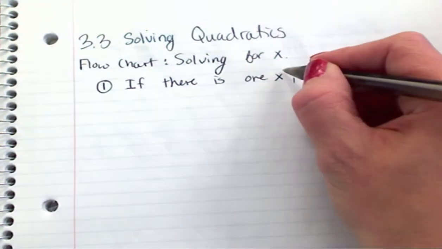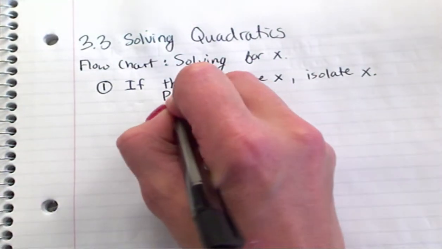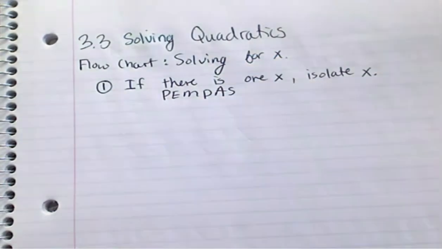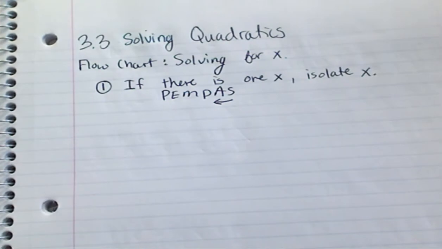So this is typically an x squared. Usually when you isolate x, you are doing your PEMDAS skills or SADMEP, which is backwards. Usually when you solve, you do PEMDAS backwards. I will give you an example of that.